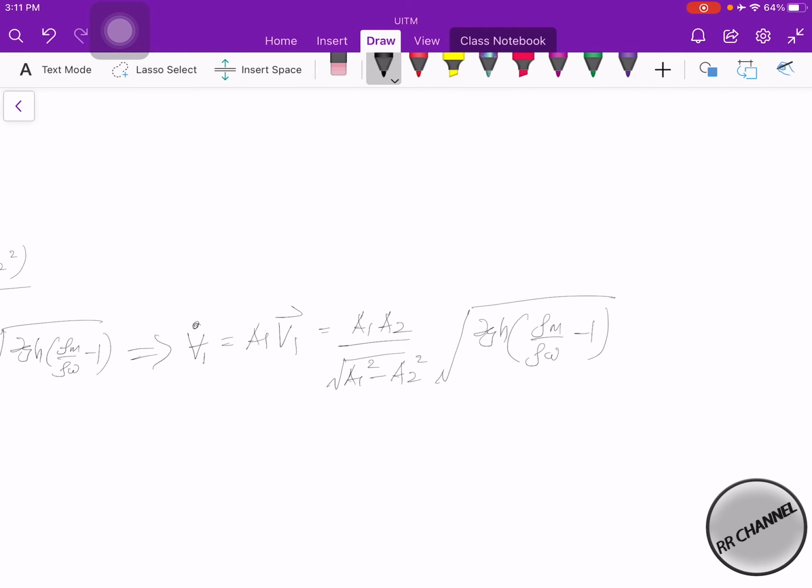This is the volume flow rate, and it is considered constant throughout the section. In the next video we will apply this equation to a simple example.